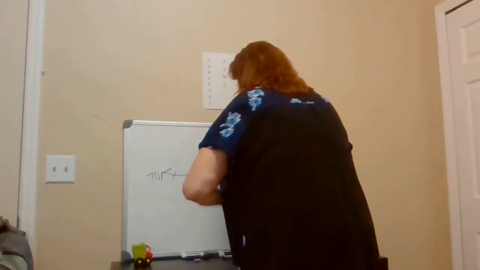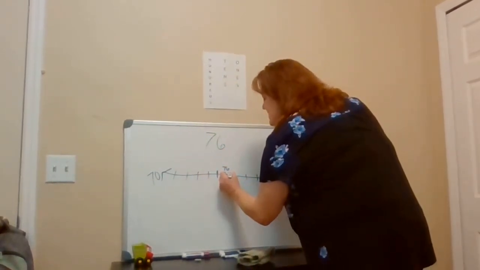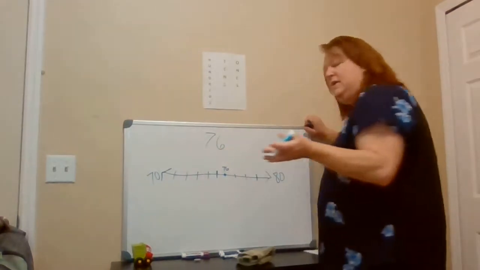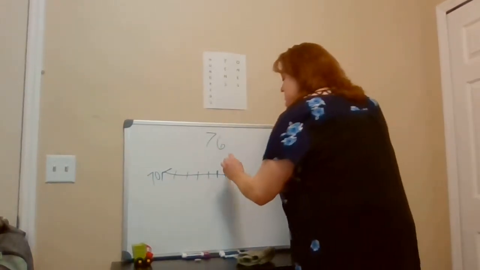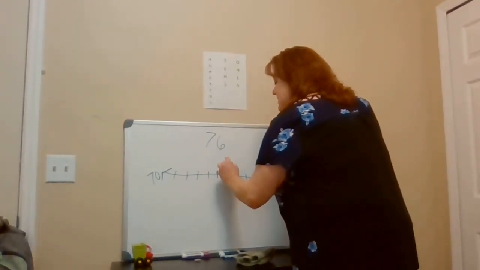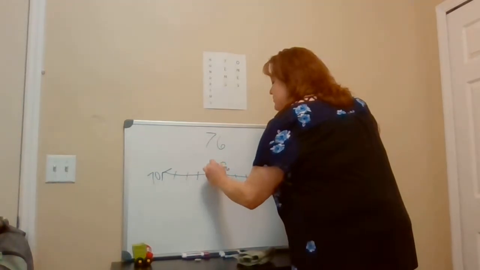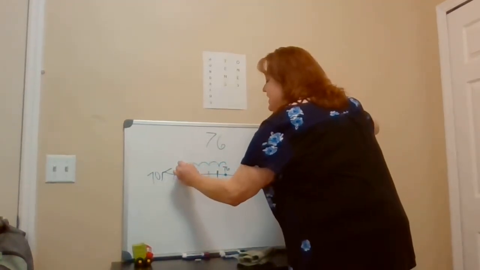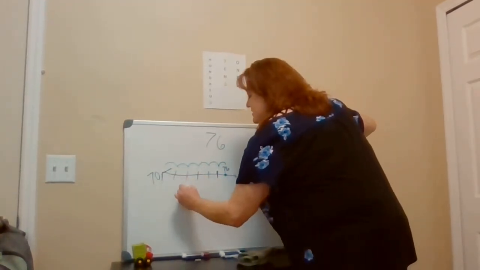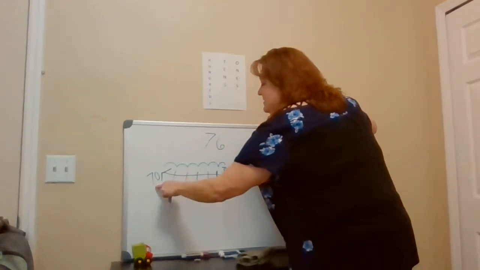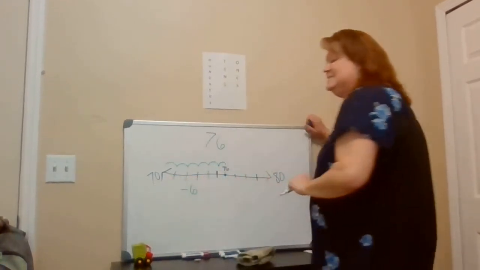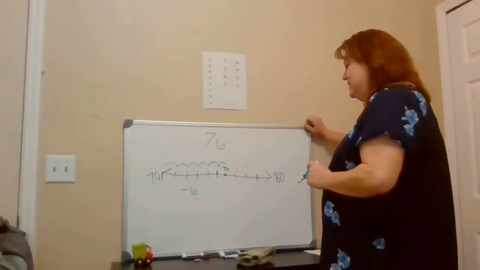Well, let's do some jumping again. So here's our 76. How many will we have to go back to get to 70? Let's count. 1, 2, 3, 4, 5, 6. So 76 minus 70 would be 6. Correct.